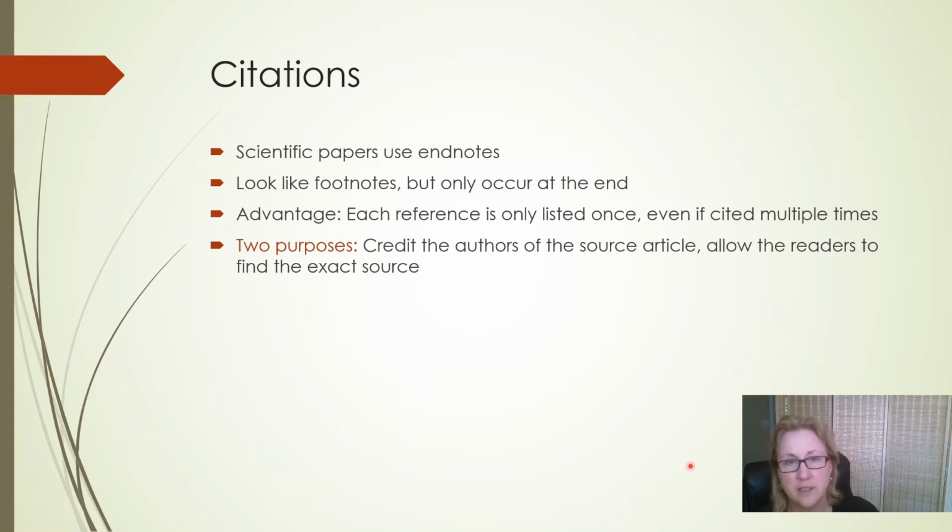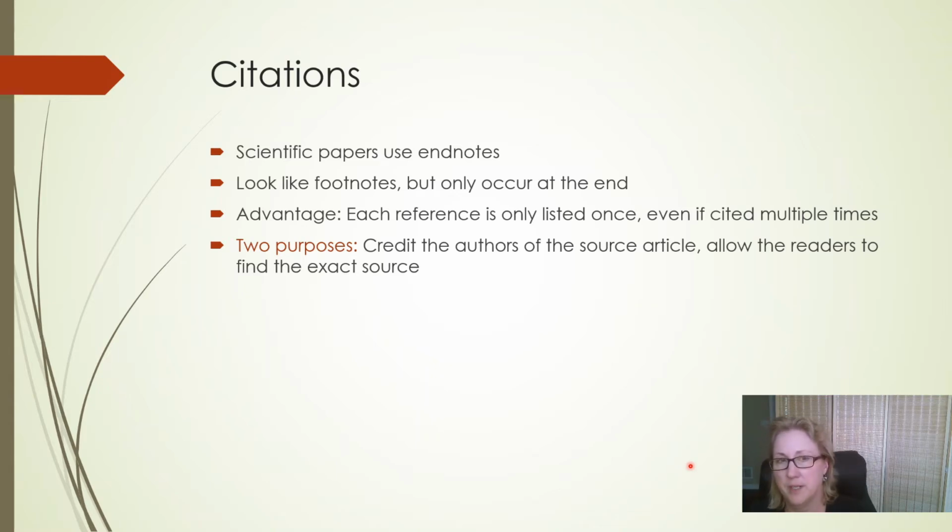If you had to list those at the bottom of the page in a footnote, or just list them generally at the end like in a bibliography, that is not enough. And we only want to list each one once. So every time you cite the same source, you use the same number. You don't have to list it multiple times. So that's a big advantage of endnotes over any other kind of citation.